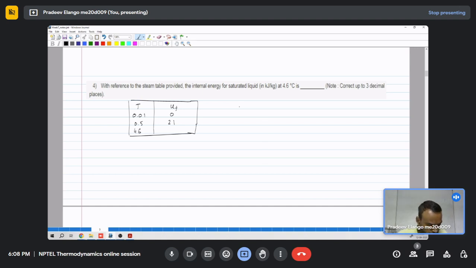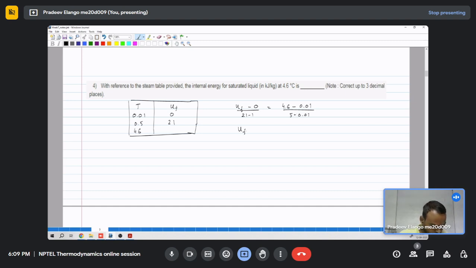Now using this, we will have (Uf minus 0) divided by (21 minus 0) on one side, and for the temperature we have (4.6 minus 0.01) divided by (5 minus 0.01).